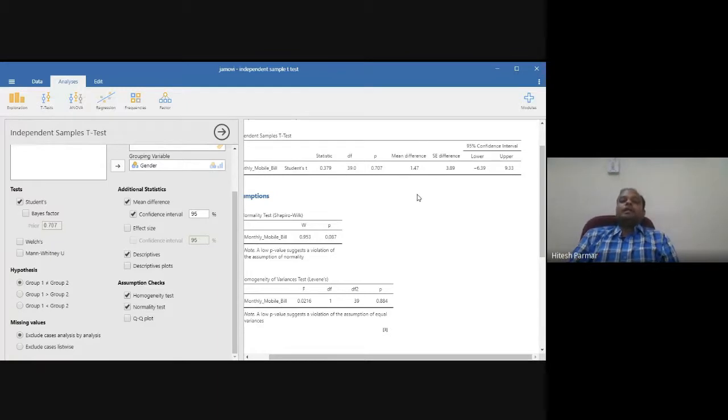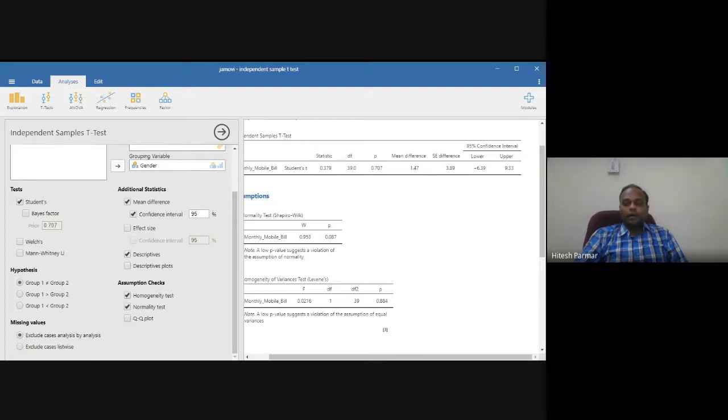Then our question is, can we get a range of the mean difference? The software provides us this range, minus 6.39 to plus 9.33, and its probability is 95%. So what is the chance that the mean difference will be in between these two? The chance is 95%. There is a 95% probability that the difference you will get will be in the range from minus 6.39 to plus 9.33.